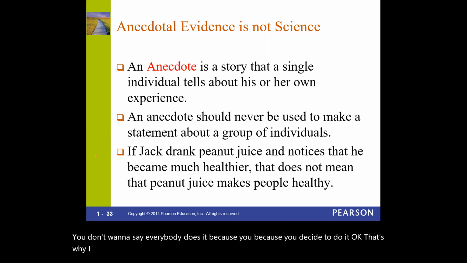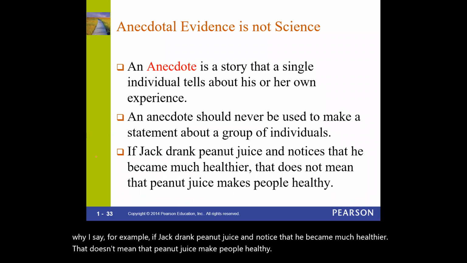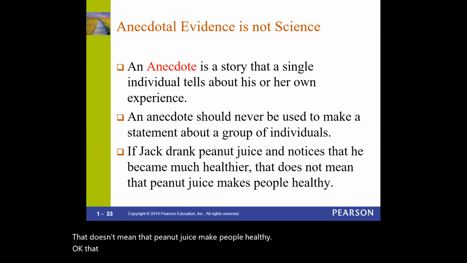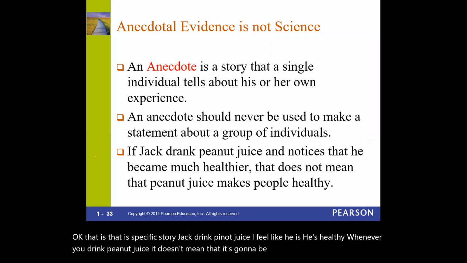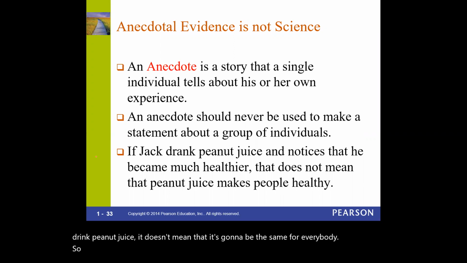For example, if Jack drank peanut juice and noticed that he became much healthier, that doesn't mean that peanut juice makes people healthy. That's his specific story. Jack drank peanut juice, he feels healthy. It doesn't mean it's going to be the same for everybody. So that's what they call an anecdote.